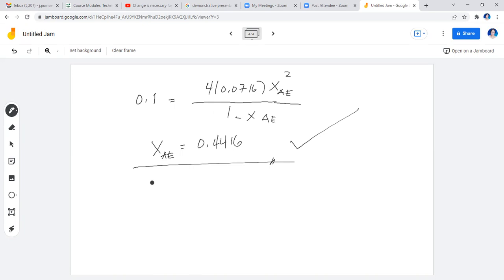So after a very long time, A will have a degree of conversion equal to the conversion at equilibrium. Very good, Pia. Your XAE is 0.4416. After a very long time, your degree of conversion is 0.4416. Okay?